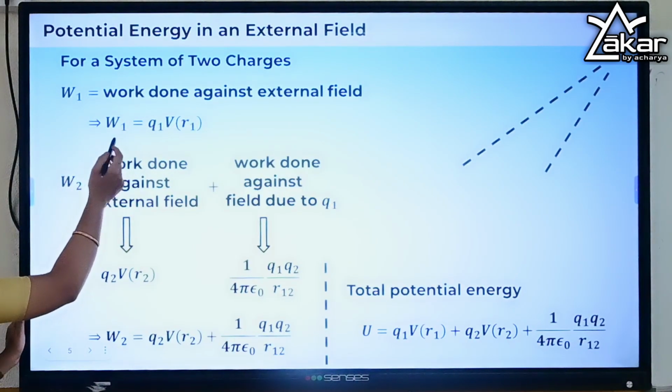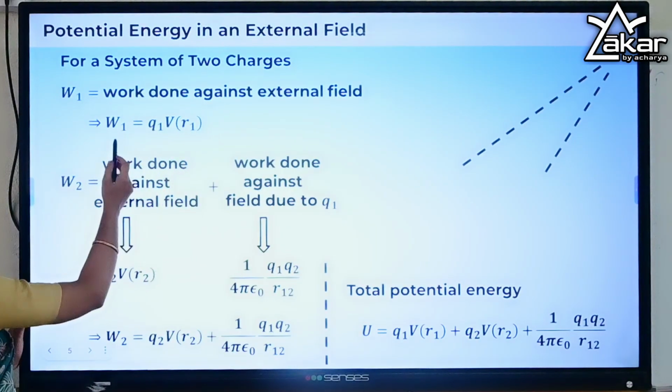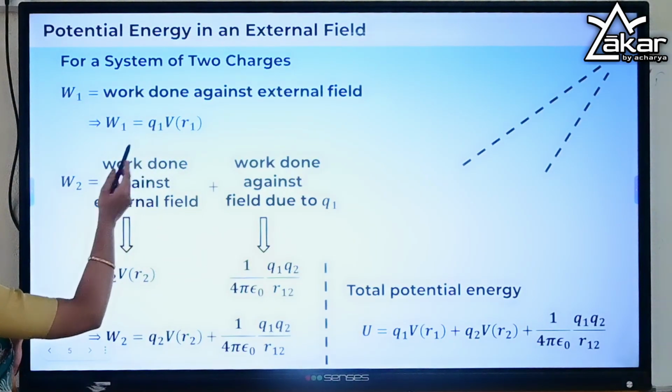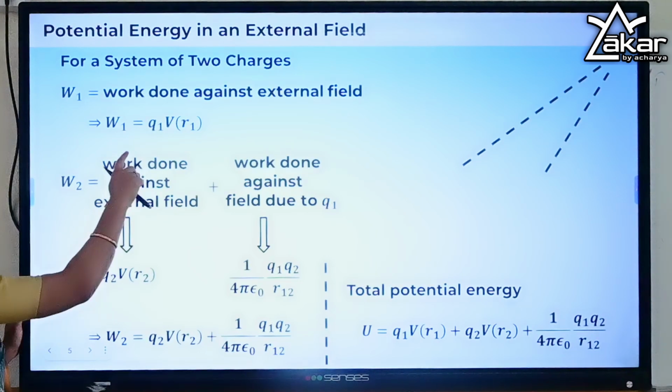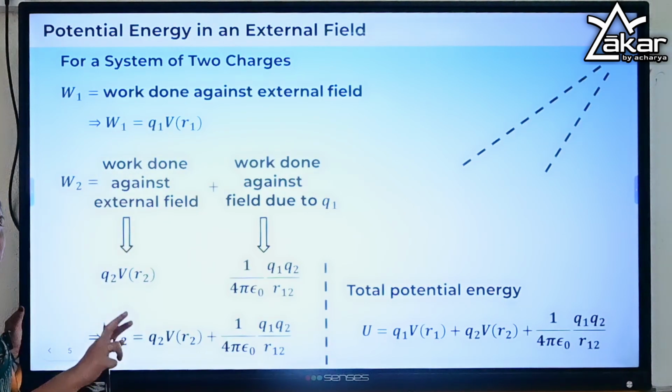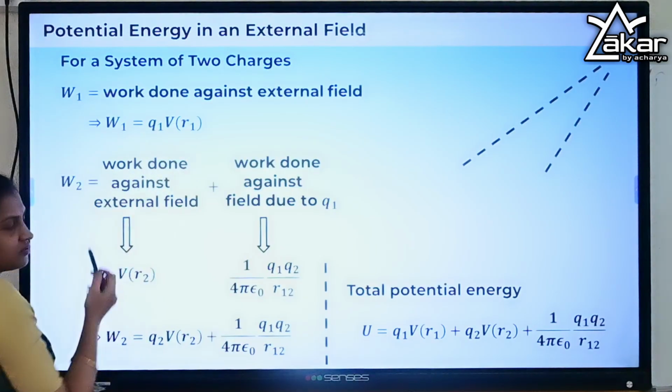We know the formula of work done against the external field, that is work done is equal to Q into V of R from the last slide. In this slide we take two charges, so work is done with charge 1 and work is done with charge 2.